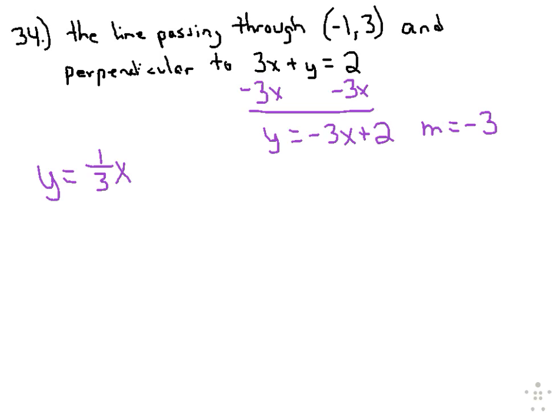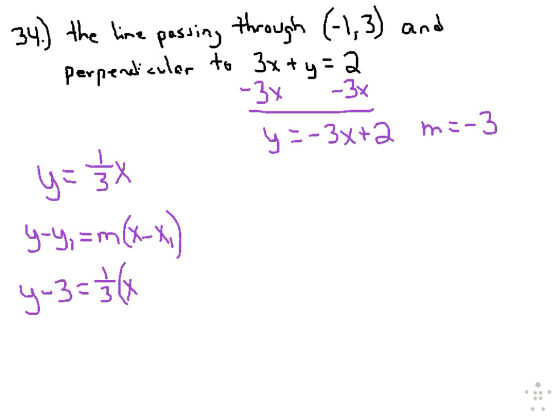Now, I don't know the y-intercept, so I'm going to have to use point-slope form. So I'm going to come over here and say, well, y minus y1 is equal to m times x minus x1. They didn't give me the y-intercept this time. They just gave me a point. So I got y minus 3 is equal to 1/3 times x plus 1, minus a negative. So y minus 3 is equal to, distribute, 1/3 x plus 1/3. Now, at this juncture, since I'm going to have to put in standard form anyway, I'm going to go ahead and multiply everything by 3.